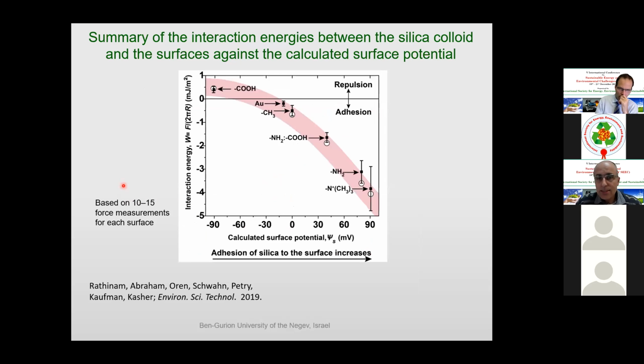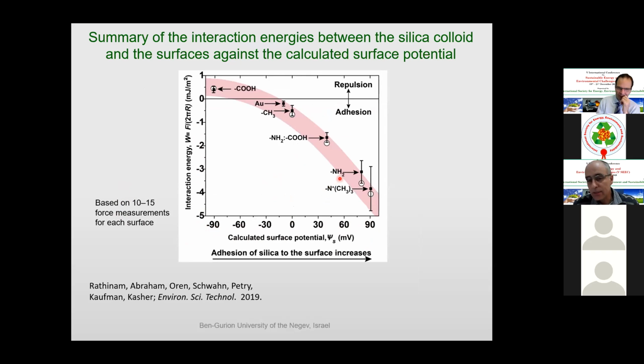So this is the summary of the interaction energies between the silica colloid and the surfaces against the calculated surface potential on the x-axis. This is the interaction energy, and the more negative the interaction energy, the higher the intensity of interactions.